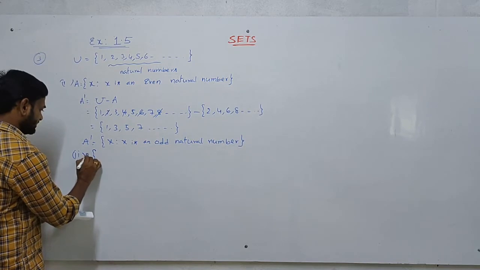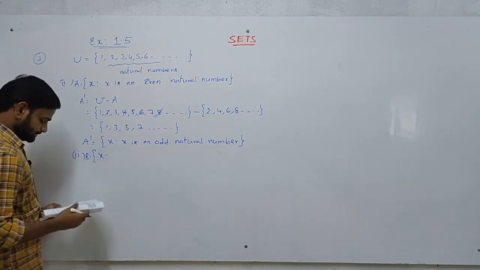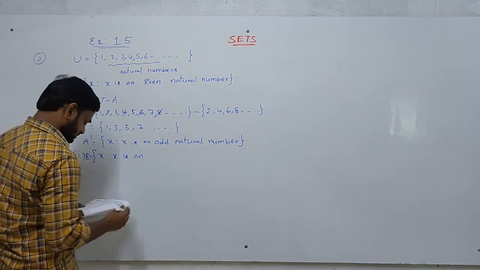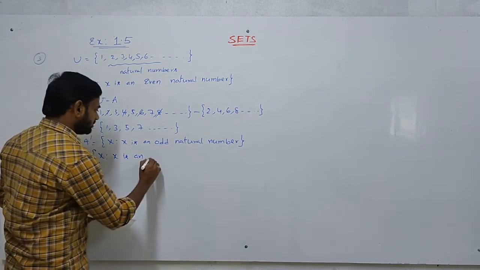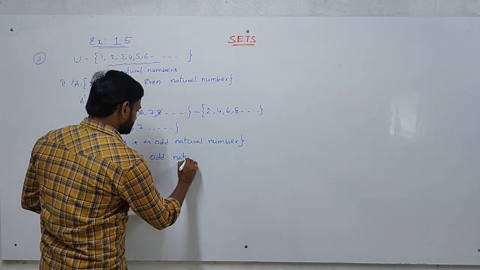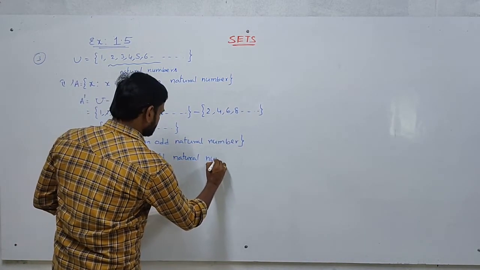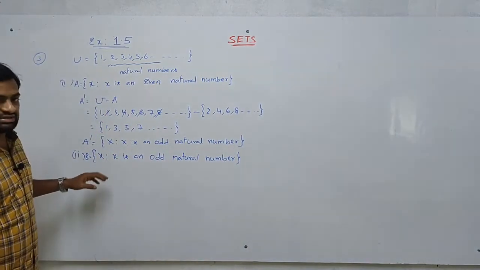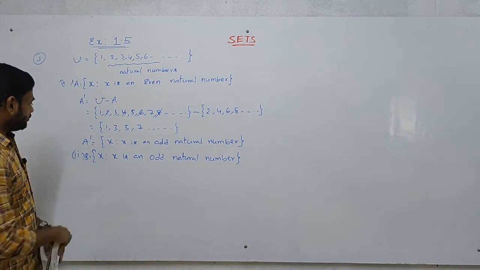B, X such that X is an odd natural number. X is an odd natural number. Now what is the B dash?